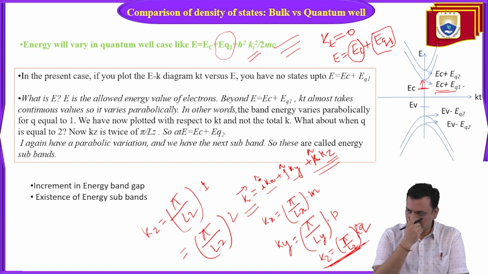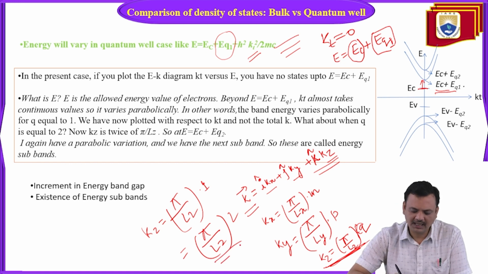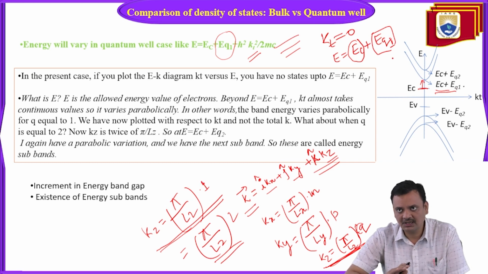Why? Because kz will have a discrete value in nature. And if you solve the density of state expression for q is equal to 1, you will get the corresponding expression of density of state, and the corresponding variation of density of state will occur in this band.